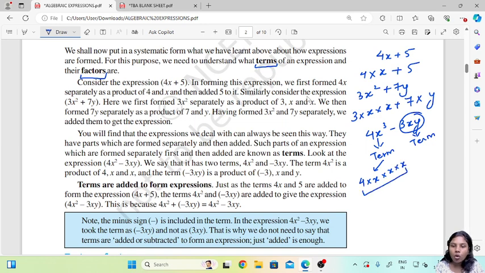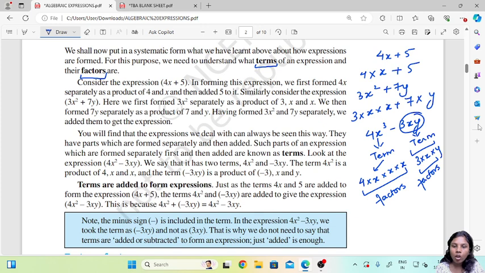So these all are factors of 4x cube. They are factors of the term 4x cube. Similarly here 3 into x into y, or 3x and y are the factors. Understood? So this is the difference between terms and factors.